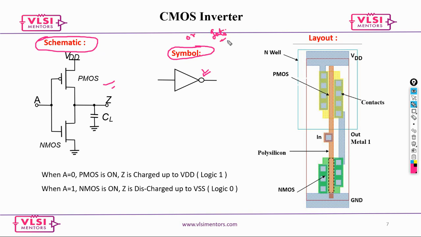Now the next important thing is your layout. The layout is what we actually go and manufacture. Now you might say, Kumar, this is how the inverter looks, but in an IC, if you get a chance to reverse engineer an IC, the silicon will look something like this, the inverter.